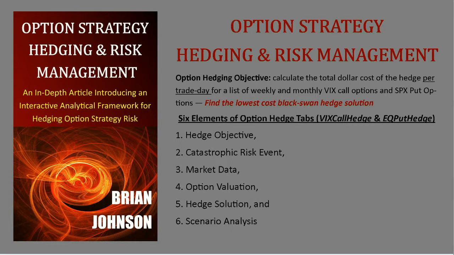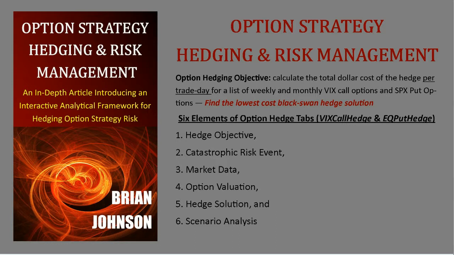In other words, in the event of a black swan scenario, if our position went to zero, the hedge would need to generate a total profit or an average profit of $80,000 to ensure our maximum 20% loss. As you'll note, the hedge objective is specific to the option strategy itself.